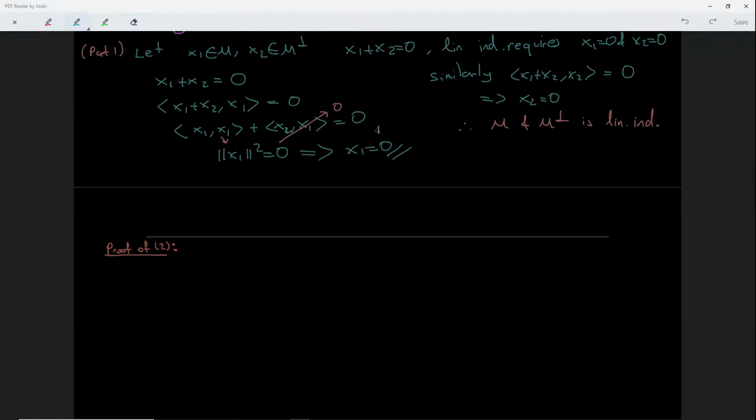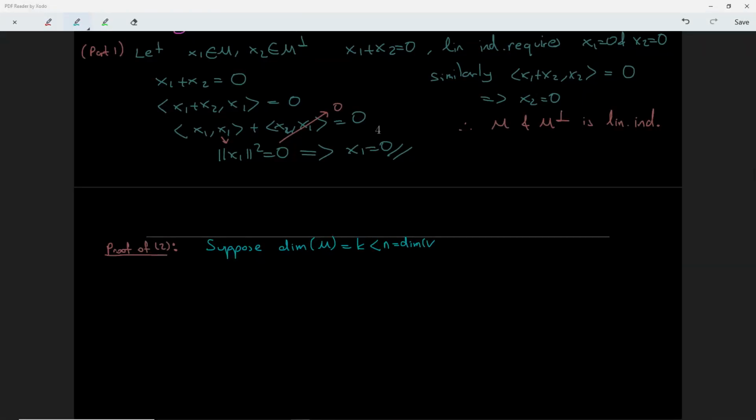All right, so we'll start by trying to write down the basis vectors of our subspace M. Suppose the dimension of our subspace M is equal to k, which is, let's say, less than n, which is the dimension of V. Let's suppose we're given a basis for this subspace M, all right?